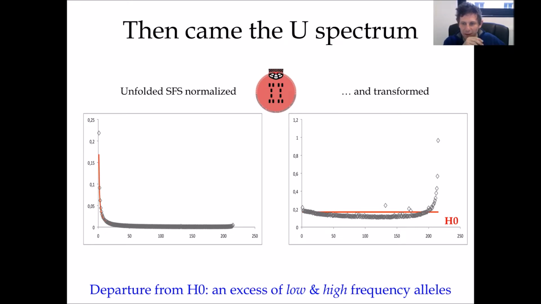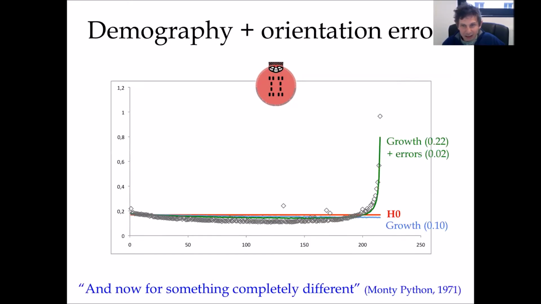If you look at demography, say you put in growth, the best you can do is the blue line, which is an extremely poor fit. In general, even with extreme demography, like jumping from a very large size to a very small size in a very short time, you cannot generate this excess of high frequency variants.